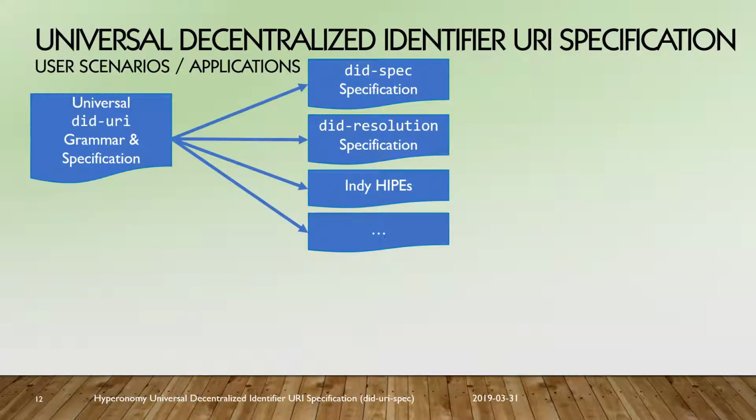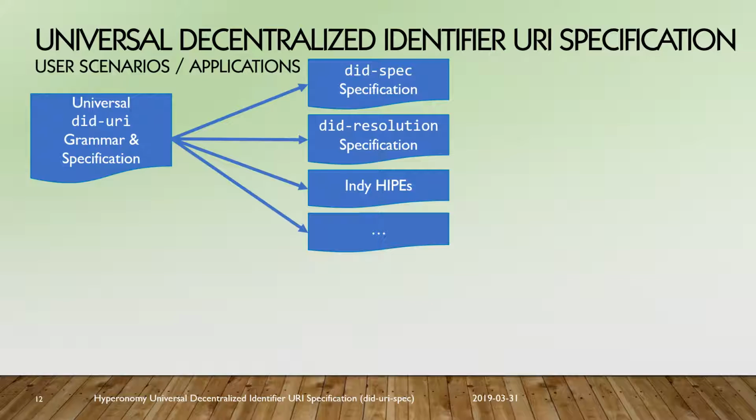From that grammar and specification document on the lower left, there's going to be a reference implementation of the did URL parser in Java, C++, and C#, and that will be using the parse2.com parser that is already being used, for example, in the Universal Resolver framework.